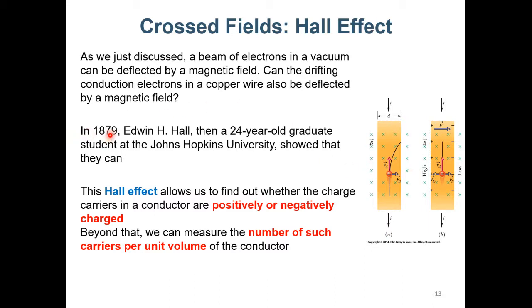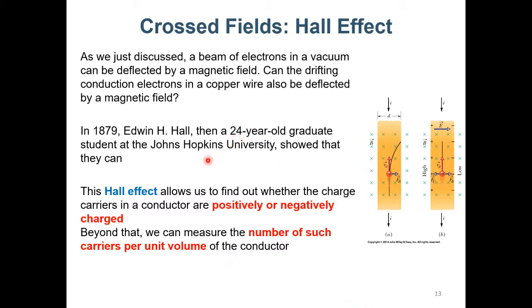1879, the scientists did not know there were electrons yet, so they needed this Hall effect, which allows us to find whether the charge carriers in a conductor are positively or negatively charged. At that time, they may have considered that the current is going from top to bottom, so there may be some positive charge going from top to bottom, not the electron going from bottom to top.